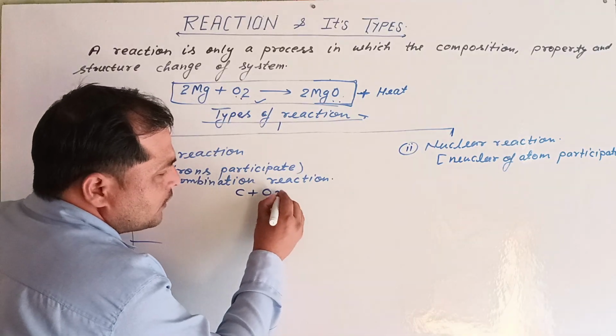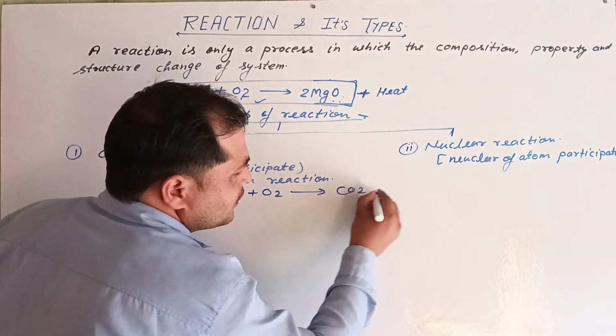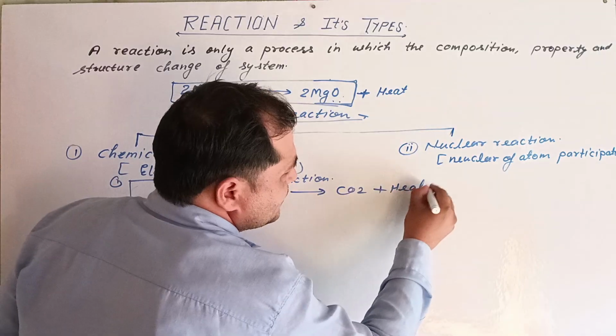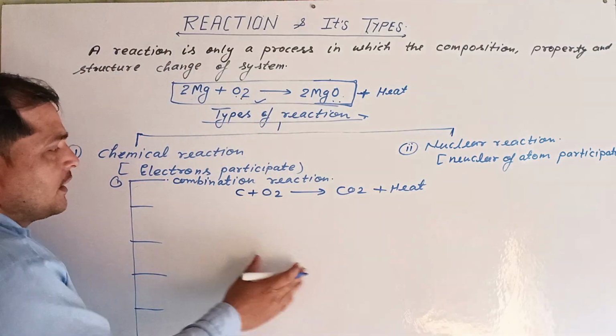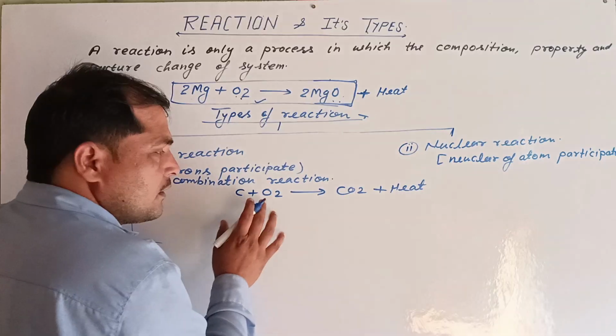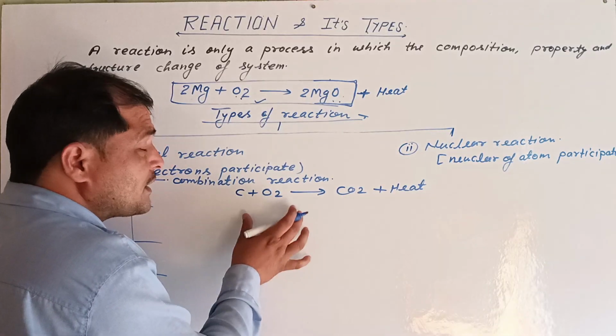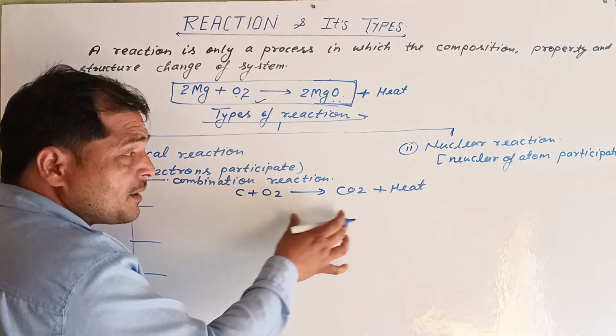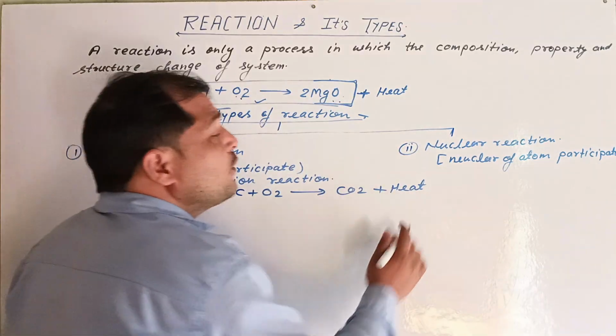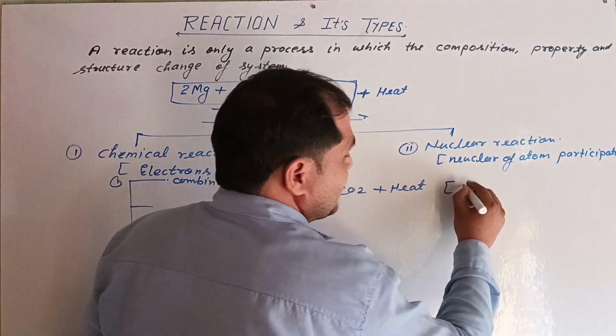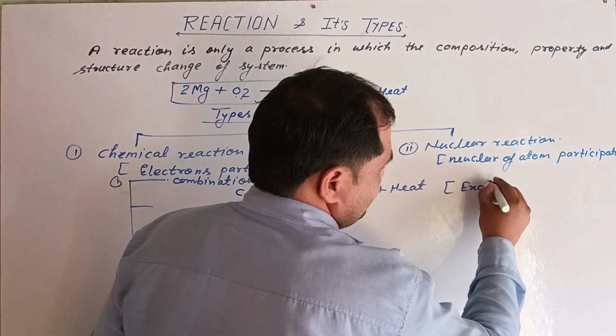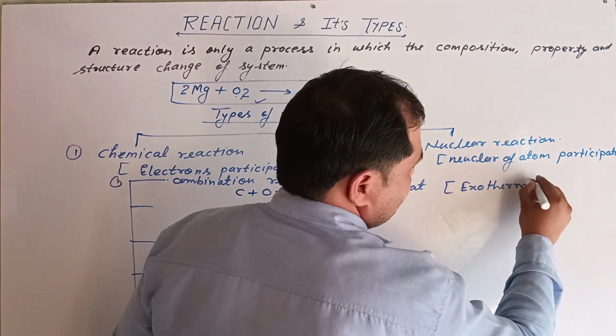C plus O2 gives CO2 and heat. It is a type of combination reaction, but since this reaction produces heating energy, it is also known as an exothermic reaction.